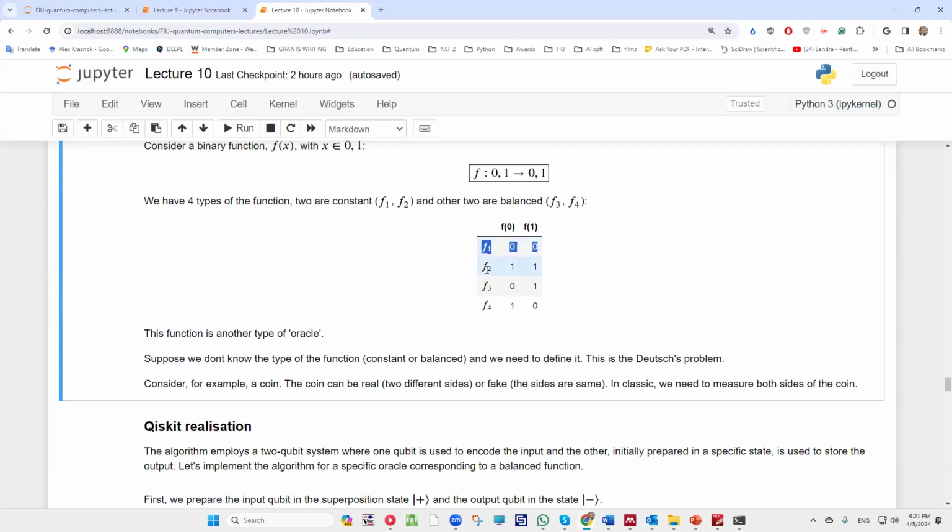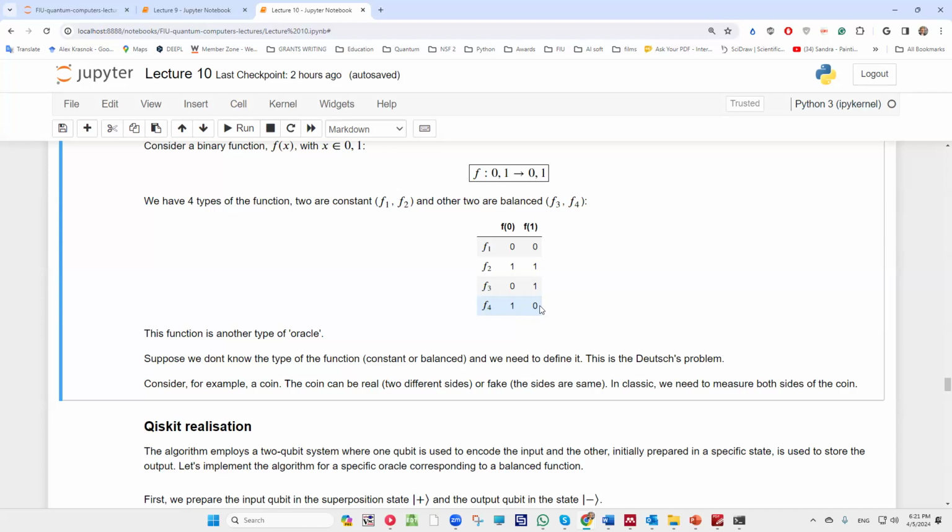We can send 1 and it returns 1, so it's another possibility, still constant. However, if I send 0 but I get 1, this is the balanced function. So 4 possibilities here.